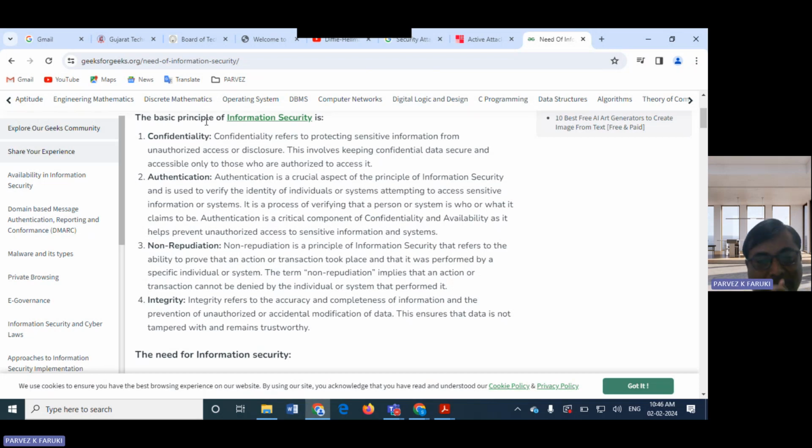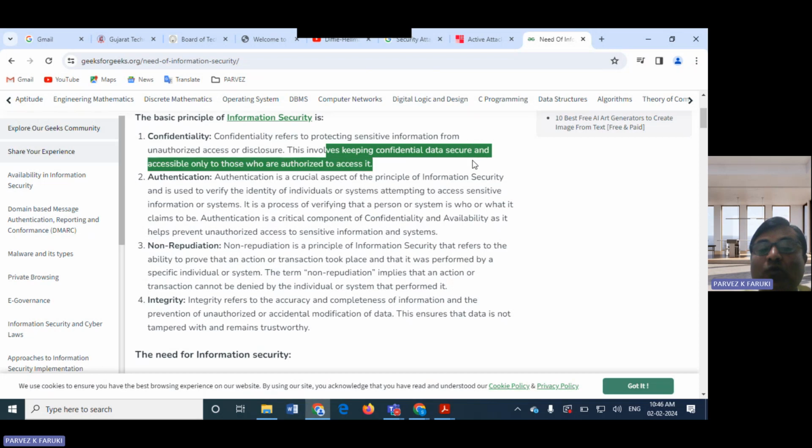It's an attribute, which is the duty of the developer to maintain. So you have to keep confidential information accessible only to the authorized user. So Alice's data should always be available with Alice, no one else.